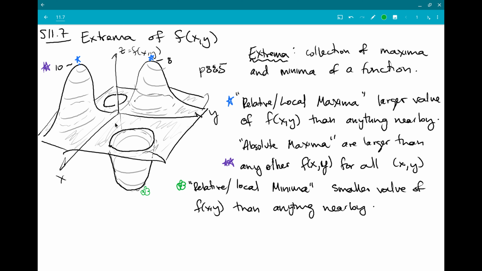And so that's going to be down at the bottom of these two valleys. If you're at the bottom of this pit, then any direction you go from here is going to be higher than the very bottom of the pit. But they're only relative or local because there's another pit somewhere else in all of x, y that could be lower than the other.